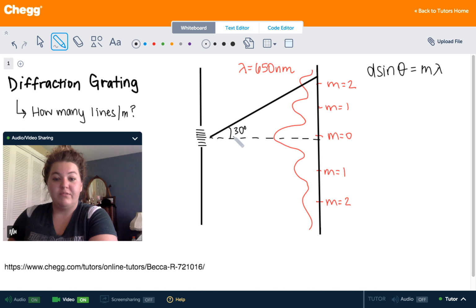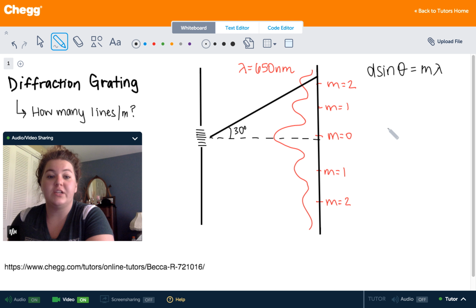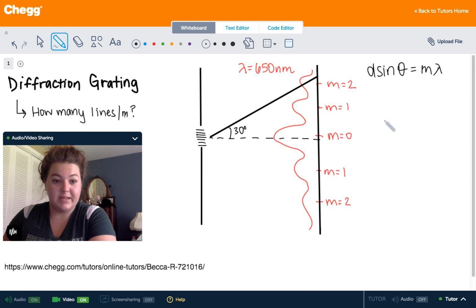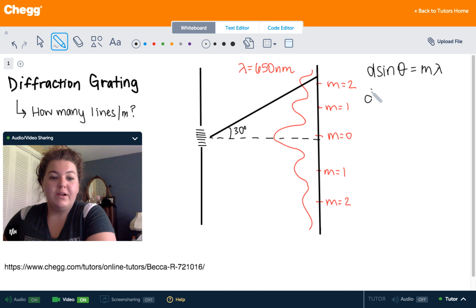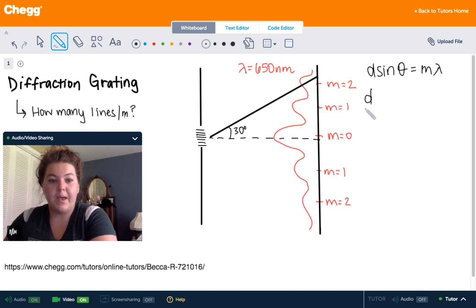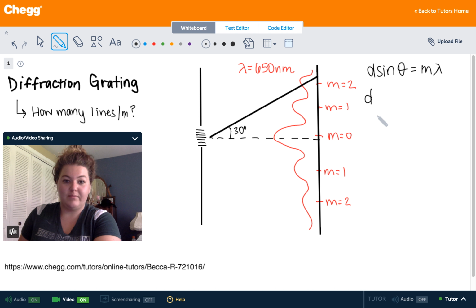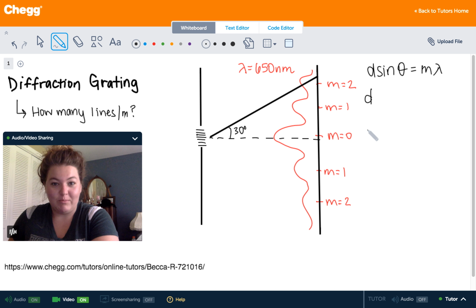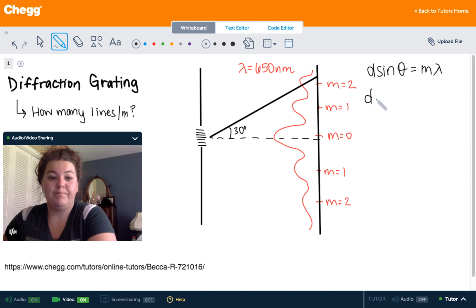So the information that you know is that we have an angle of 30 degrees that brings us to our second max. We can use that information to find the number of lines per meter in this particular case. We don't know d yet. We're going to use d to find the number of lines per meter, but we're not given any value for slit spacing. If we were, the problem would be done pretty quickly.